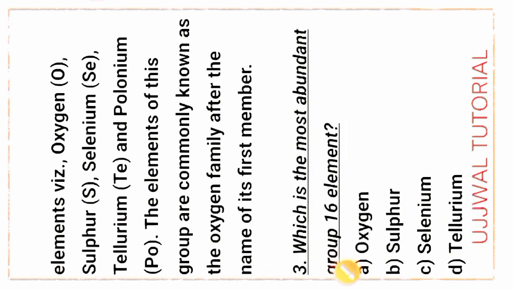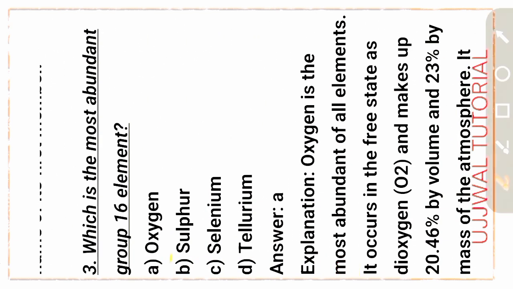Next question, question number 3. Which is the most abundant group 16 element? Abundant mainly means that it is easily found in nature. That is option A, oxygen. To explain, oxygen is the most abundant of all elements.